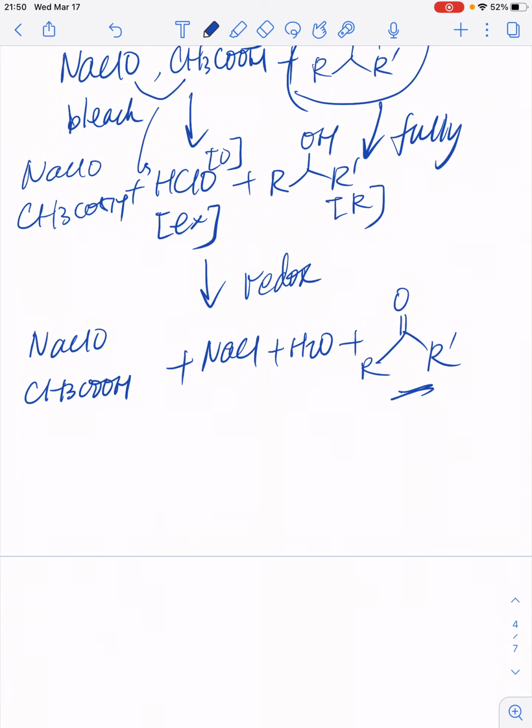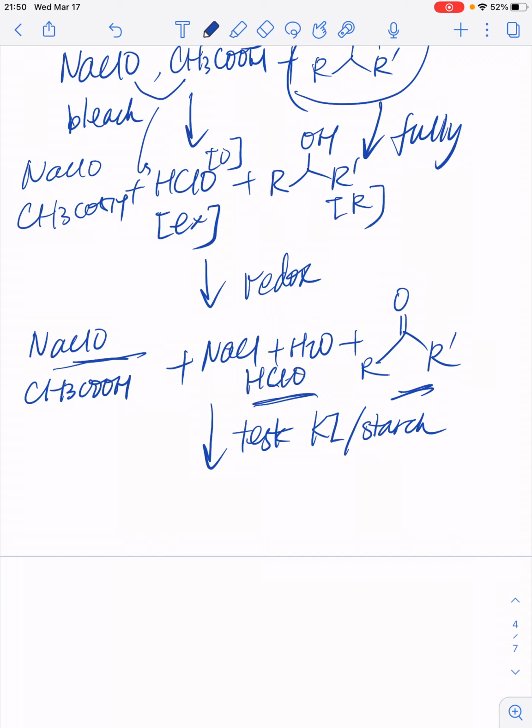What's going to happen next? Or what did we do next? We are testing using KI starch paper. As we know, the presence of oxidizing reagent, some unreacted hypochlorous acid, will change the starch to a dark blue color, right?